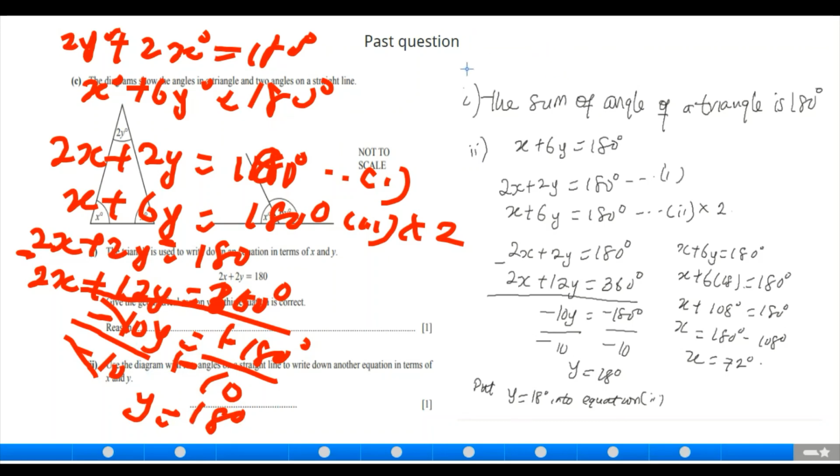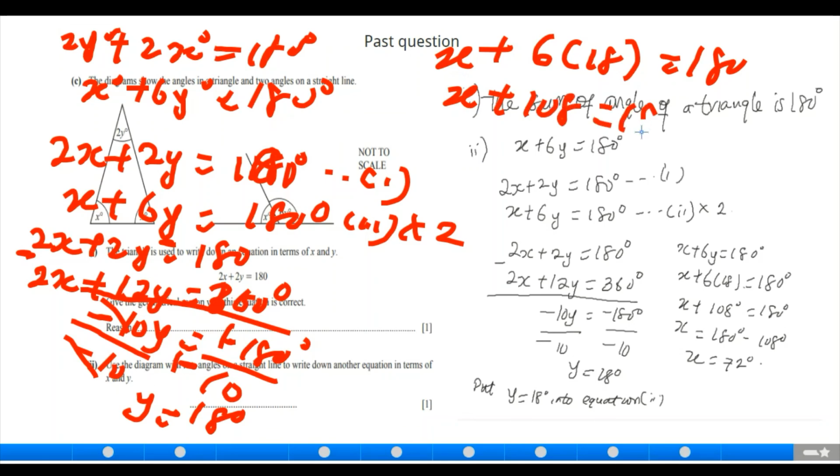Now, after getting y equals 18, let's put y equals 18 in the second equation and solve for x. Whenever we see y, instead of y, we replace it with 18. So we have x plus 18 multiplied by 6 equals 180 degrees. 6 times 18 gives us 108. So we have x plus 108 equals 180.